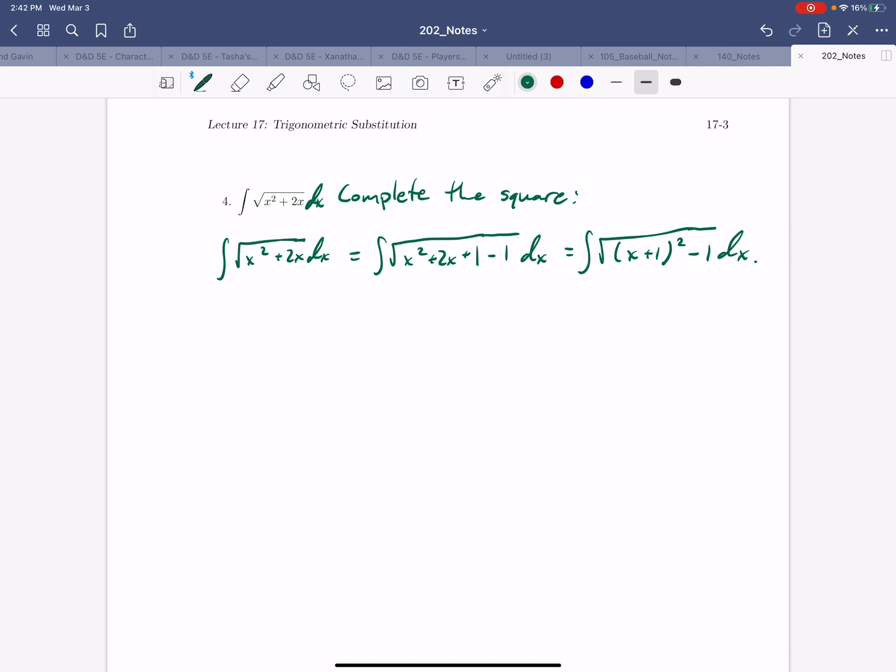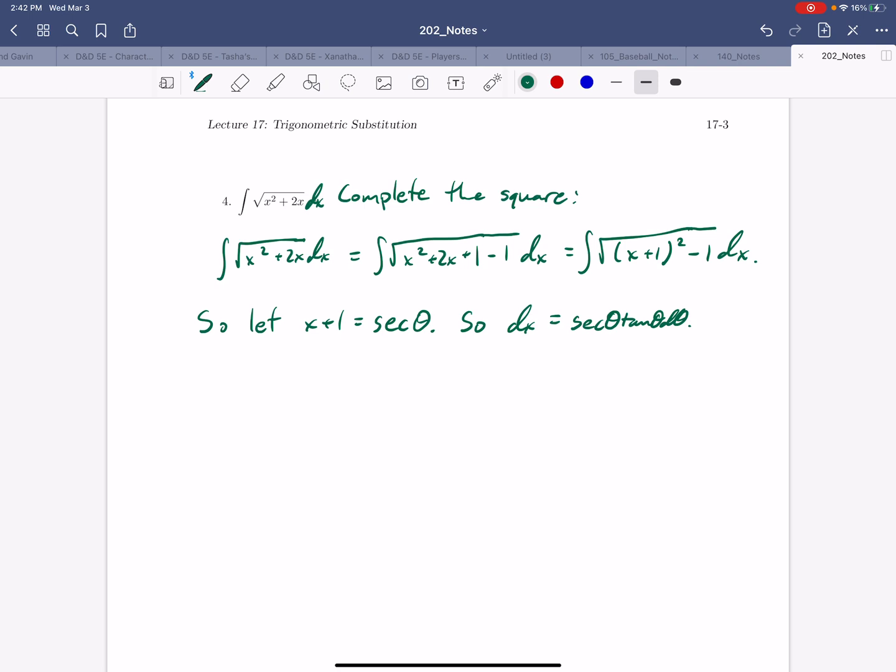So why is that useful? So now we can let x plus 1 equal, you see what it is? Secant of theta. And so it follows that dx is going to equal the derivative of secant of theta.